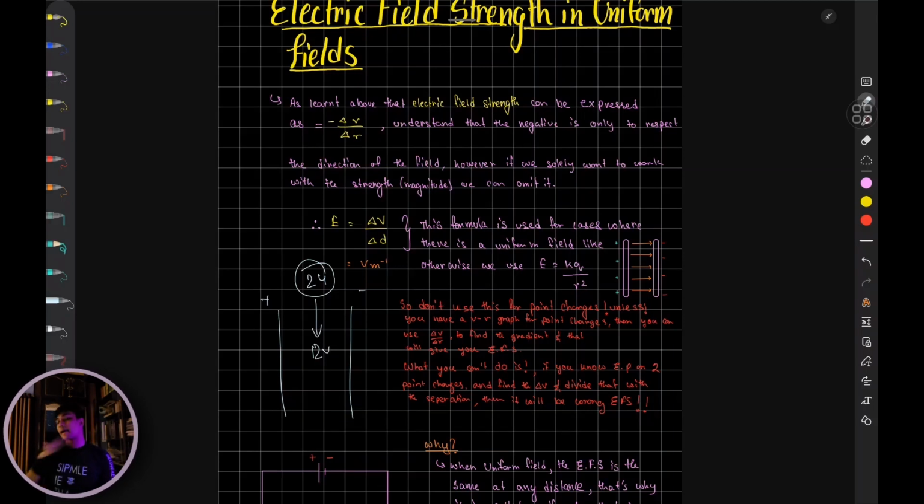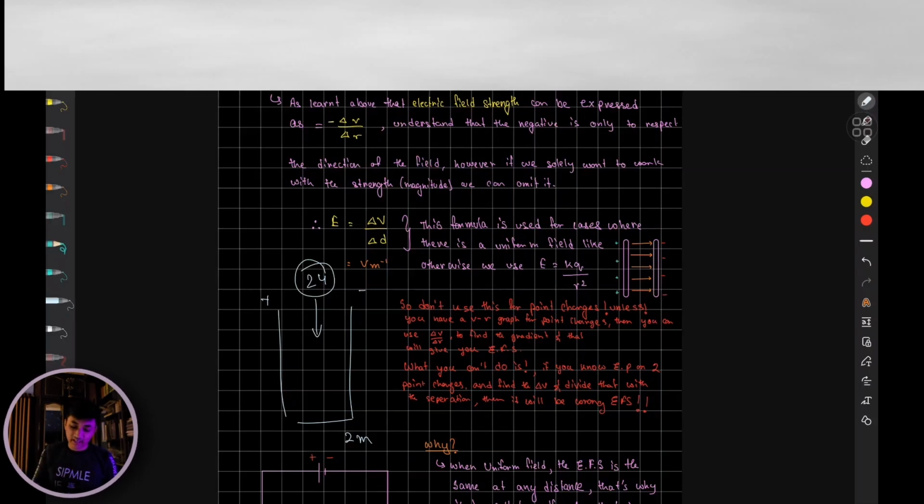As far as I understand, I might be wrong, so if I'm wrong, do correct me down there. But in the case of two equally and oppositely charged plates, in the middle it's supposed to be 0 volts, right? And in that case, you can't really use this formula. Let's say the distance is 2 meters and the potential difference is 24 volts overall.